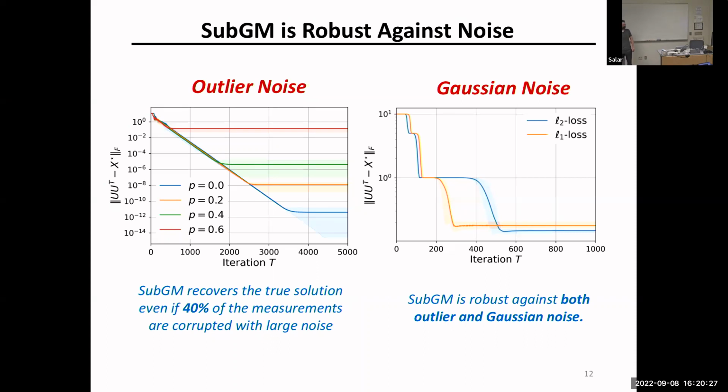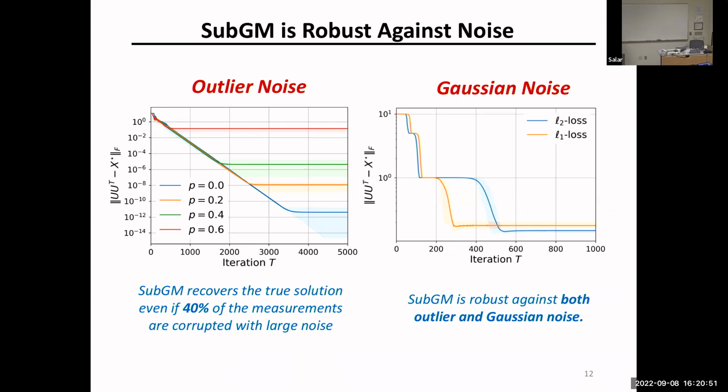Is the stagnation for Gaussian because of saddle points? No, it's because of the variance of the noise. You can't go beyond this using any method. It's almost minimax optimal in some sense. On the left hand side, there's some stagnation. Yes, these are when you pass through saddle points.